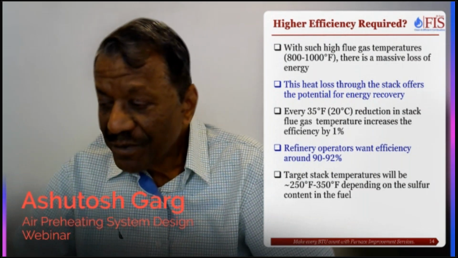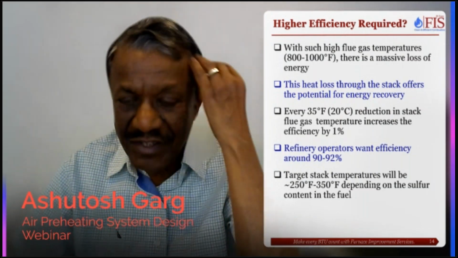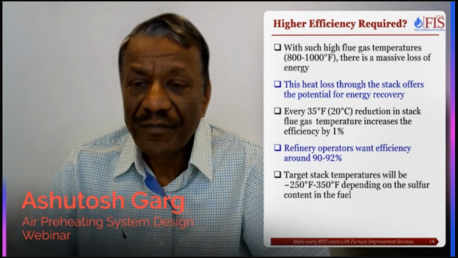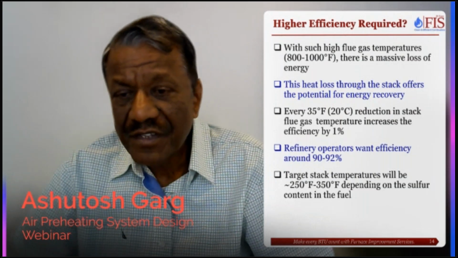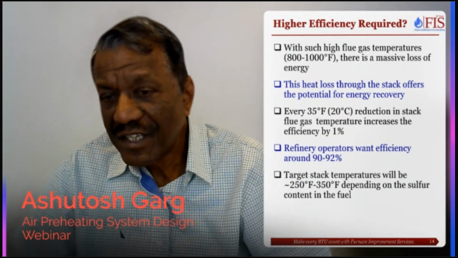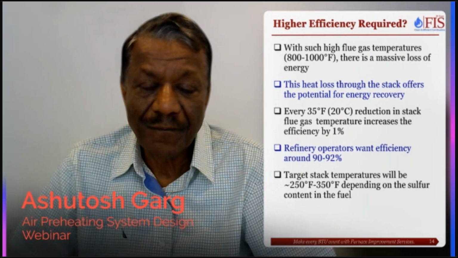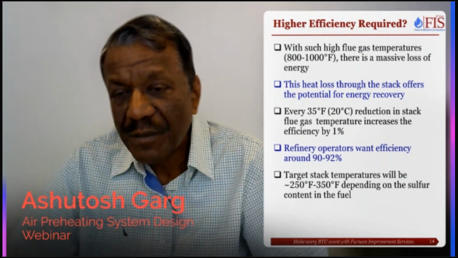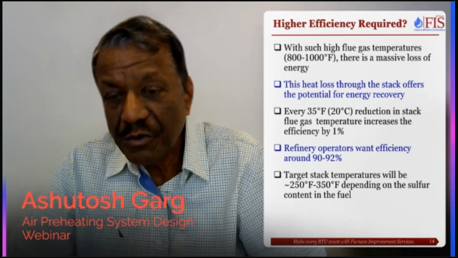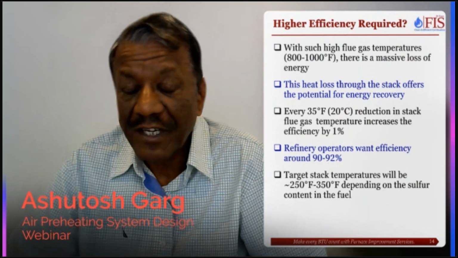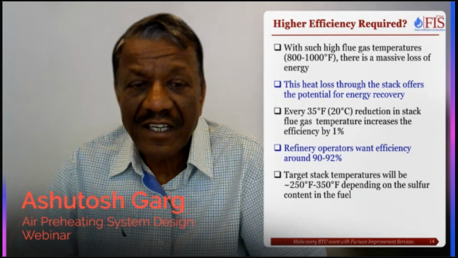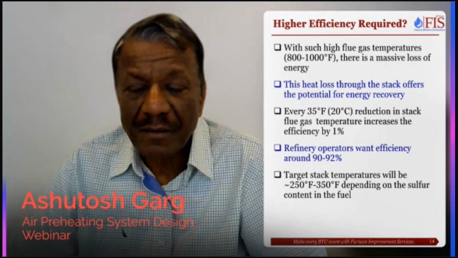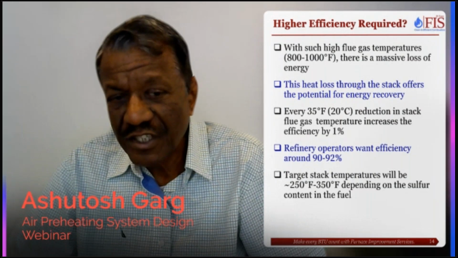In our experience with air preheaters, the most common average efficiency improvement is about 10% in real life. There have been cases where you can improve it by 20%, but practically 10-11% is the number which air preheaters generally deliver.